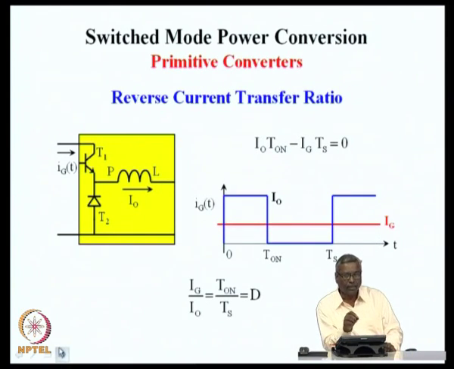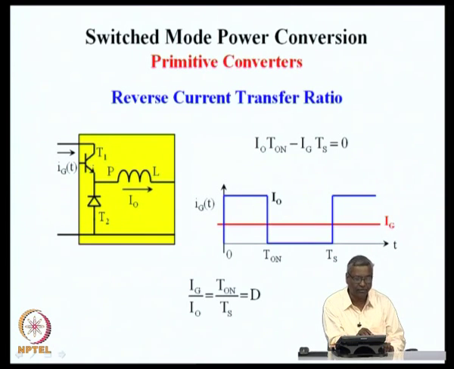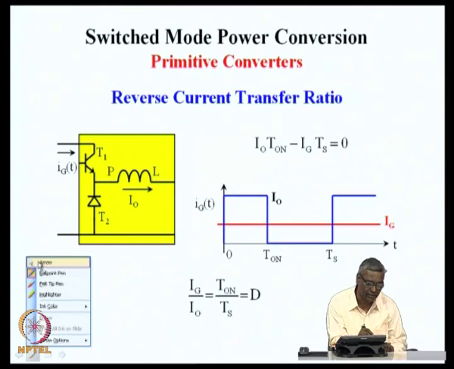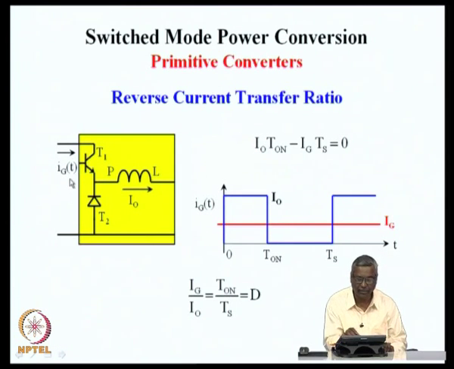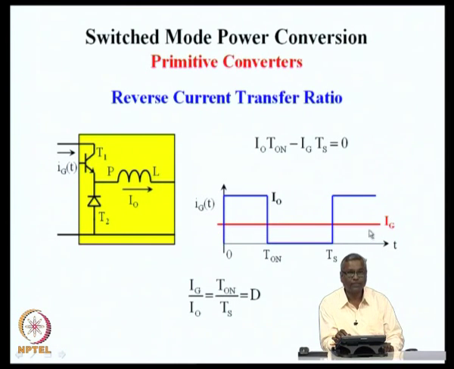Another interesting thing is, even though the switches are replaced by real switches with non-ideality, if we evaluate the average input current Ig of t, there is absolutely no change in that. During t on, the current through the switch is I naught, and during the off period current through the switch is 0, and when you average it, we still get the same ratio.